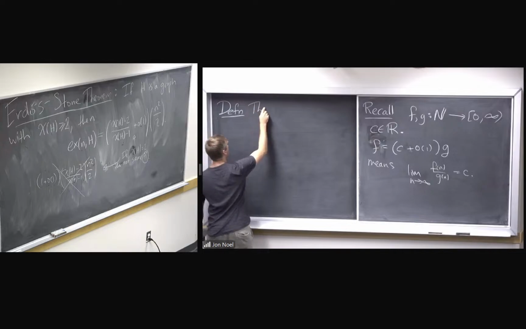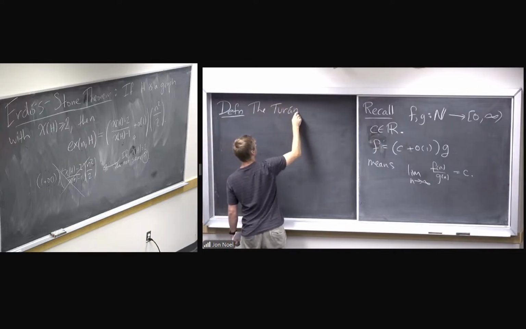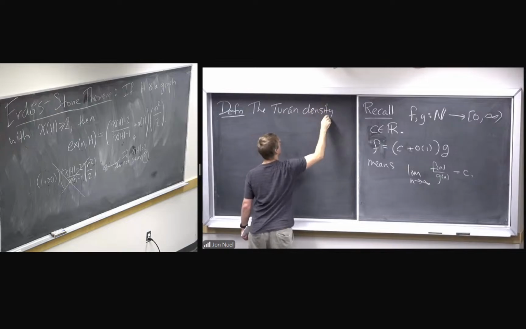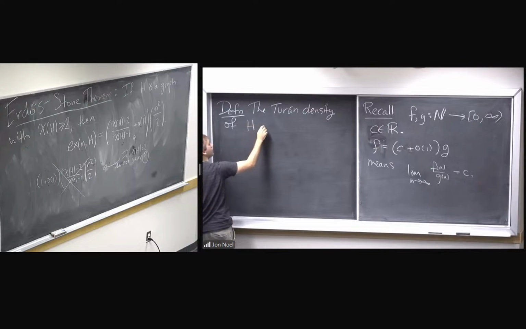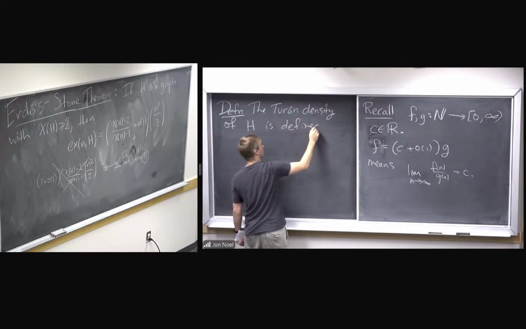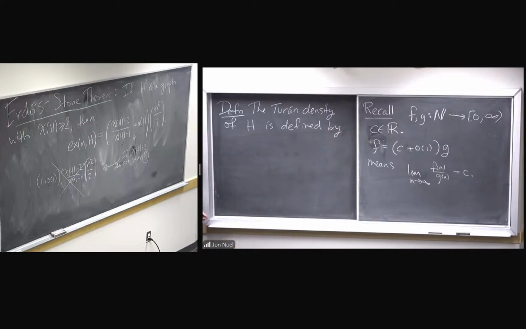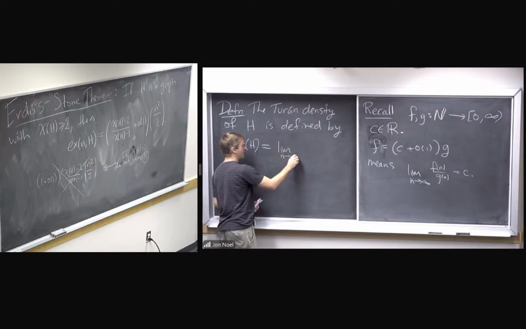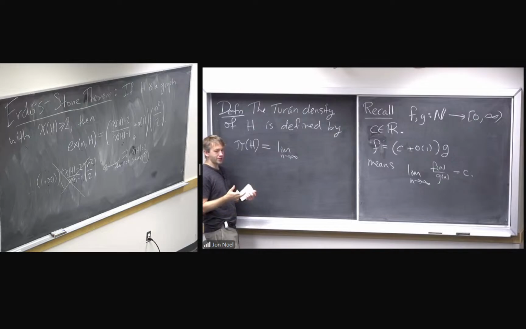So the Turán density of a graph H is some quantity we define by, so it's pi of H. When I say density, what I mean is basically we're asking what fraction of edges, out of all the possible edges in a graph on n vertices, is the largest fraction of edges that can be contained in an H-free graph?